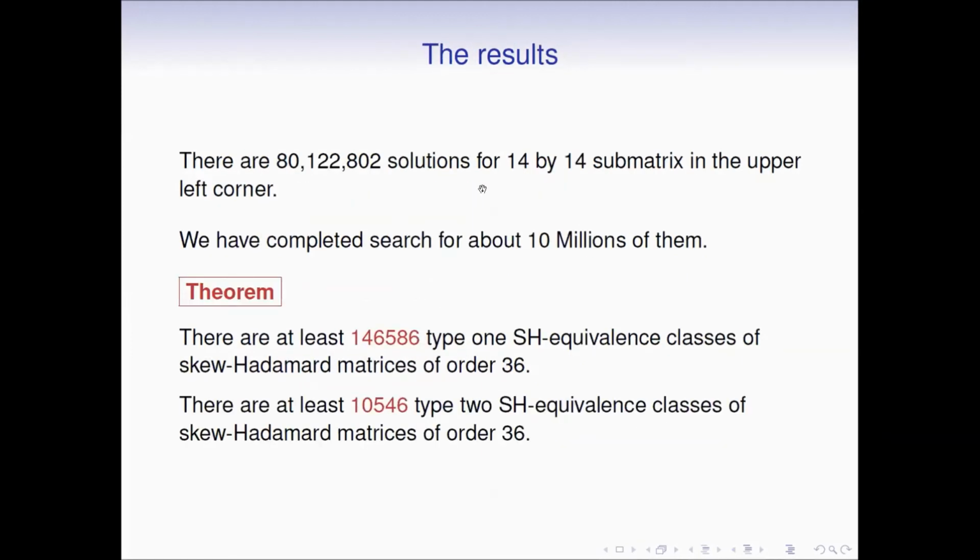If we do the procedure, let me show you how many solutions there are for 14 by 14 submatrices. There are about 80 millions of them. So for the upper left corner, we have about 80 million possibilities for matrices in canonical form. We have completed the search for about 10 millions of them.